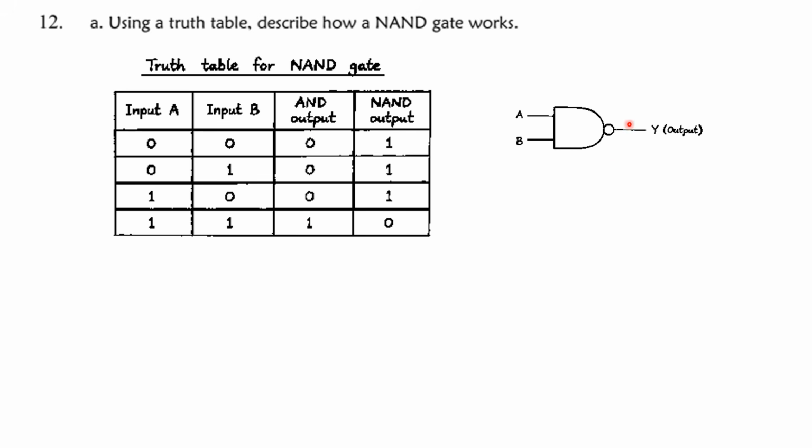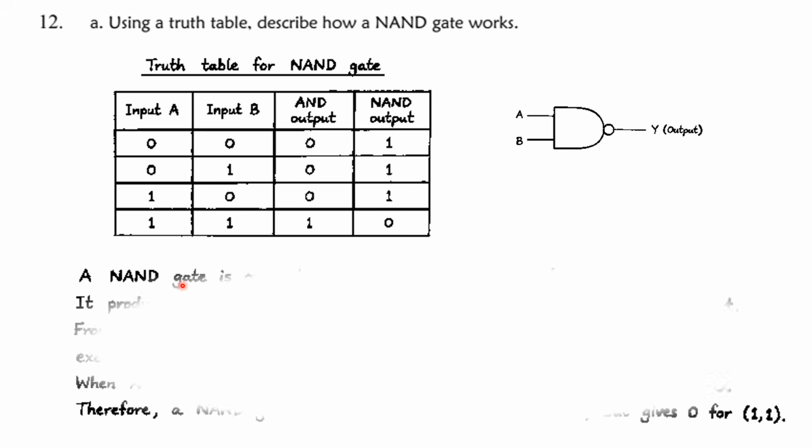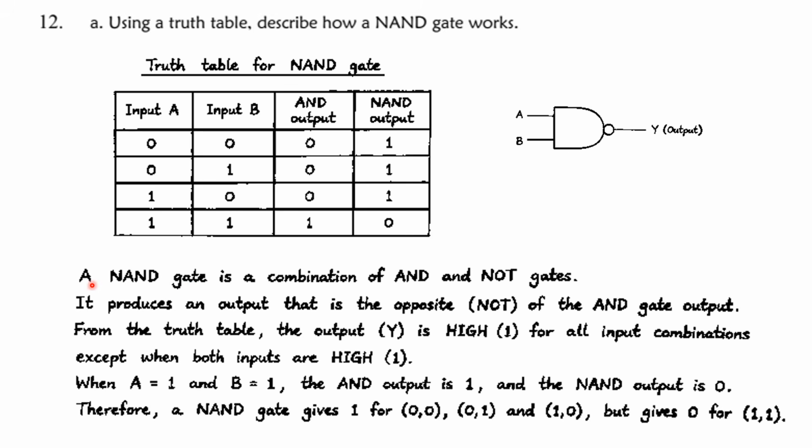Take note of that. So this is called the truth table for this kind of gate. So how does it operate? A NAND gate, which is this whole thing, is a combination of an AND and a NOT gate. So it produces an output that is the opposite, which is not the AND gate. That's why it's called NAND, short form of not AND.